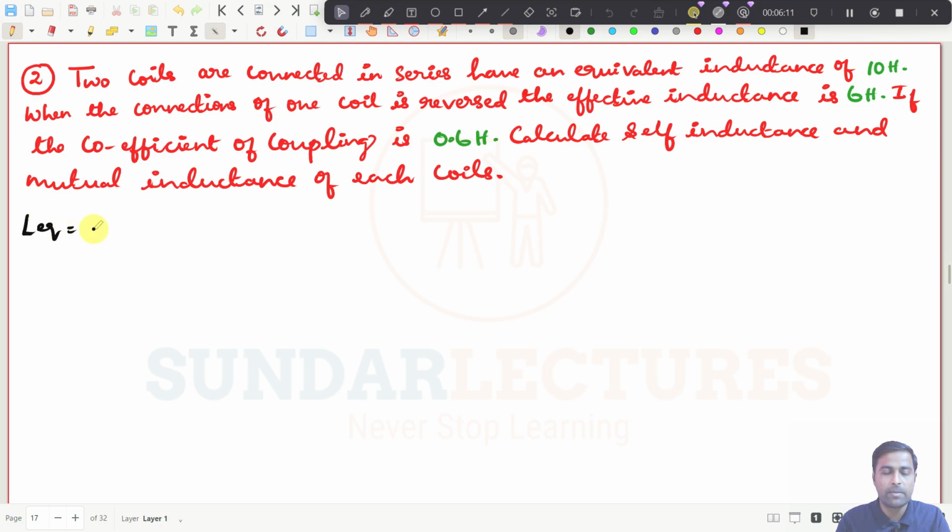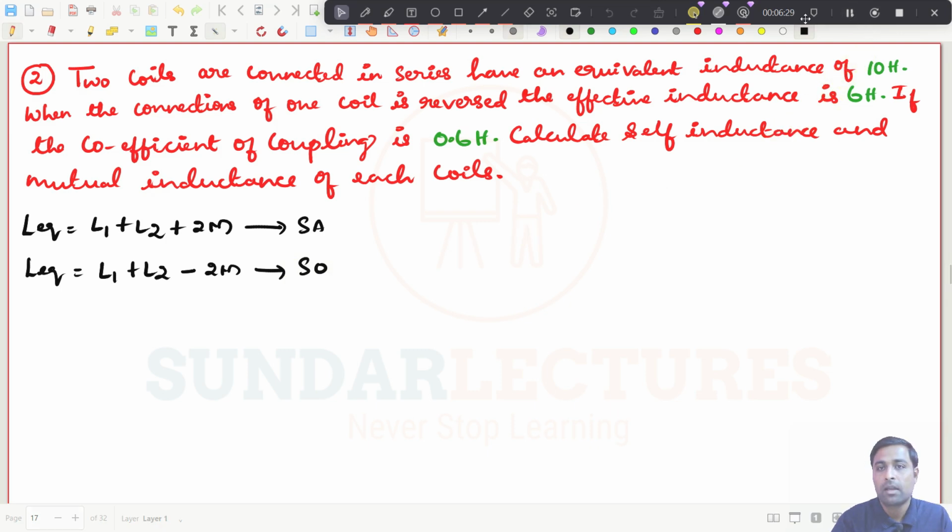L equivalent is equal to L1 plus L2 plus 2M, and you know the other formula, L equivalent is equal to L1 plus L2 minus 2M. This is for series aiding and this is for series opposing. But they have not told you which is which. That is why we are solving this problem.